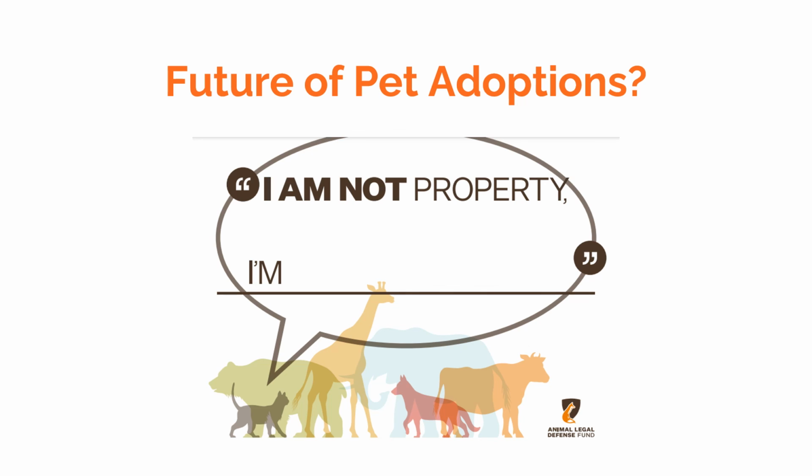And so, if animals are not to be considered personal property under the law in the future, that will change the animal welfare landscape significantly, and it will certainly impact shelter-related policies, as well as pet adoption contracts. So I'm very interested to see what the future holds for animal welfare law in the U.S.